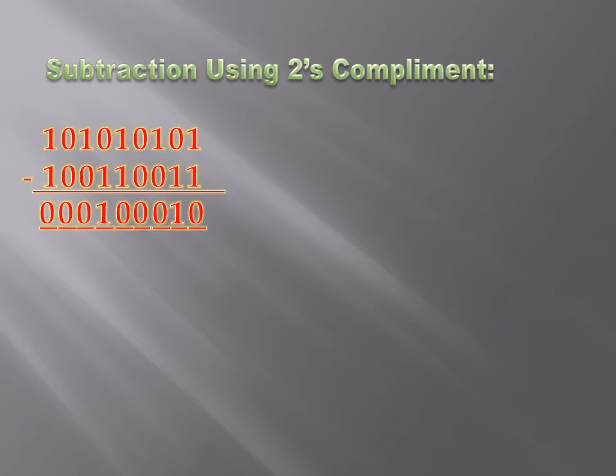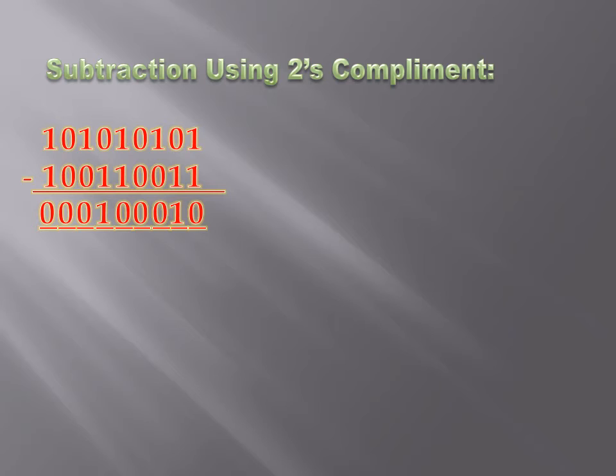But there is another way in which we actually carry the subtraction in the arithmetic logic units, which is using the addition. By using the addition method, but taking the number which is to be subtracted as negative.